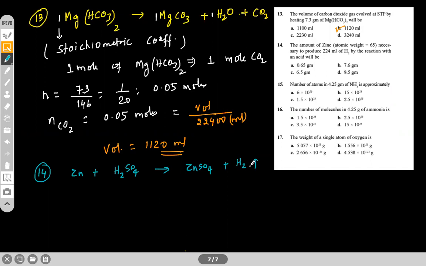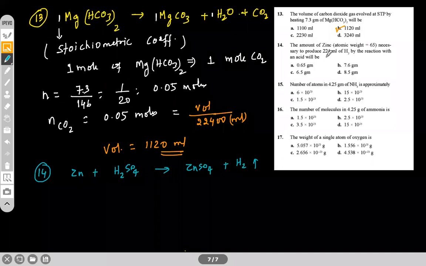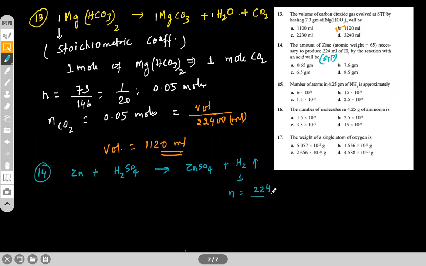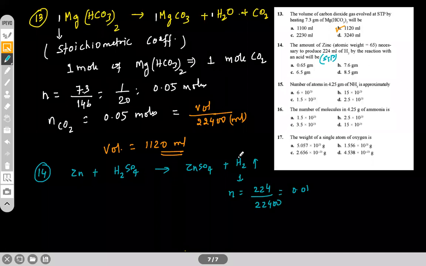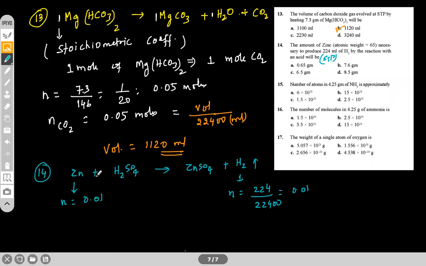Could you tell me a condition also? It is at STP. It is not mentioned here, but we have to take it as STP. The moles of H2 is 224, the volume occupied, divided by 22400, which is 0.01 mole. Since the reaction is balanced, for 0.01 mole of this we need 0.01 mole of zinc, because we have equal moles.